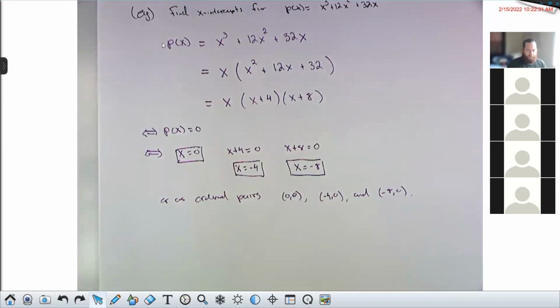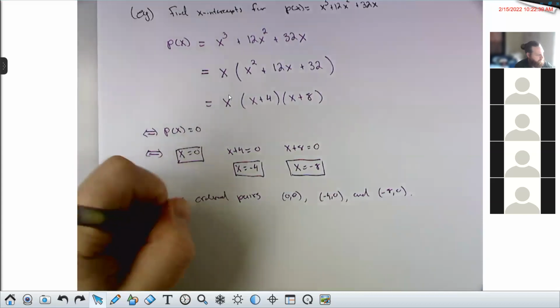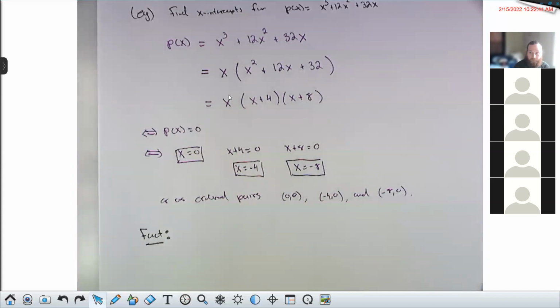Before I get into that, because this in your notes is where we have the factoring stuff, I want to give you one more fact. Because the roots come from the factors, and because each factor has an x in it, when you multiply this out, this is going to give you an x to the third. And you notice you have 3 factors here.